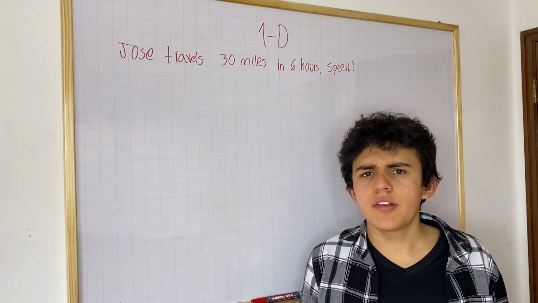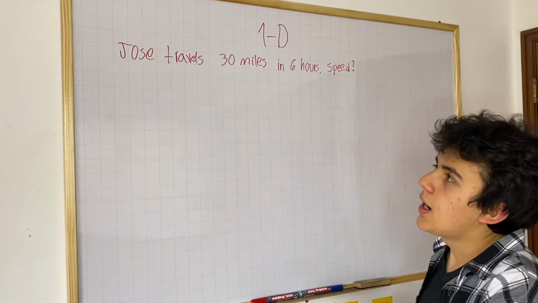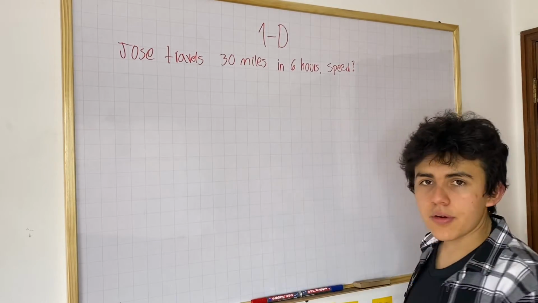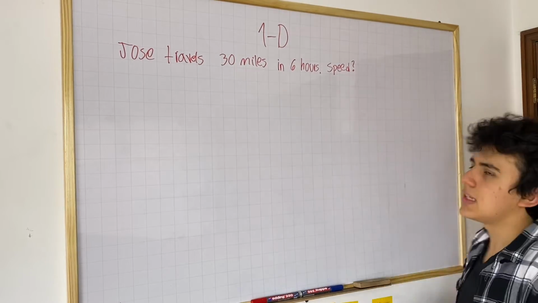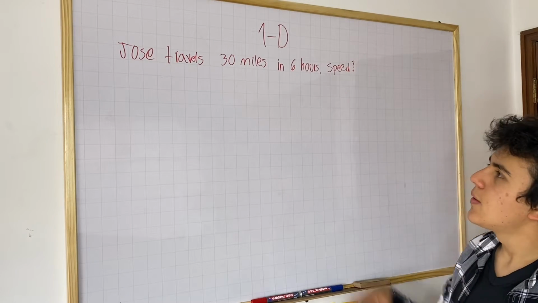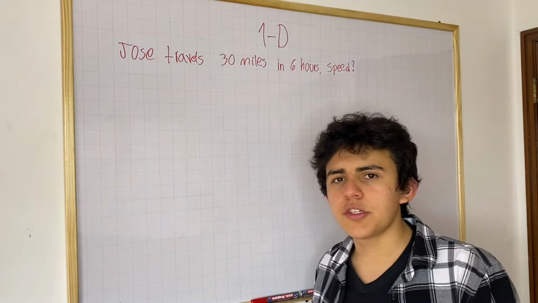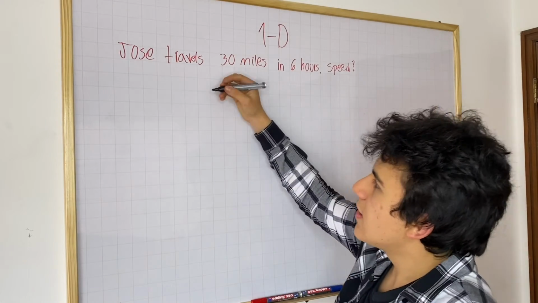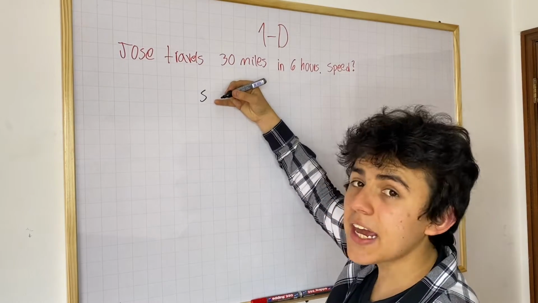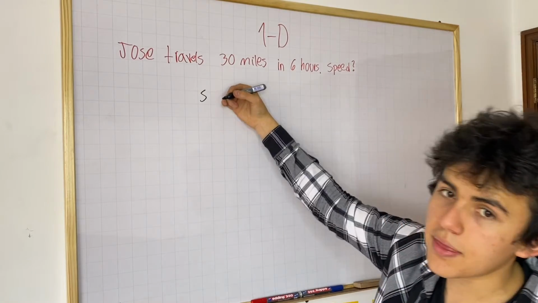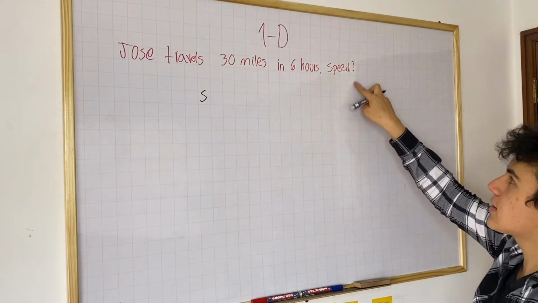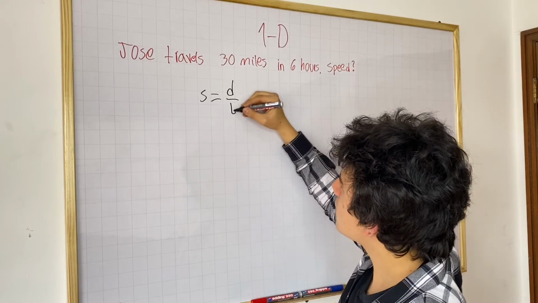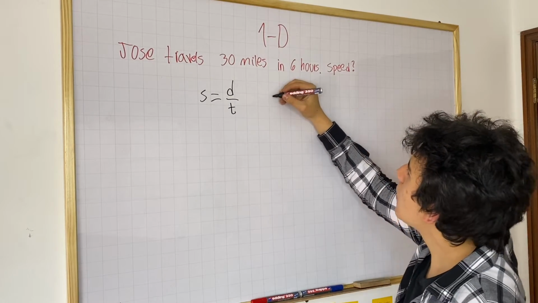Now let's do a simple problem to begin with. Jose travels 30 miles in 6 hours. What is Jose's speed? We know from our previous equations, and from logic and intuition, that speed as a scalar, remember, we're not dealing with velocity here because we were asked his speed, is equal to distance divided by time.